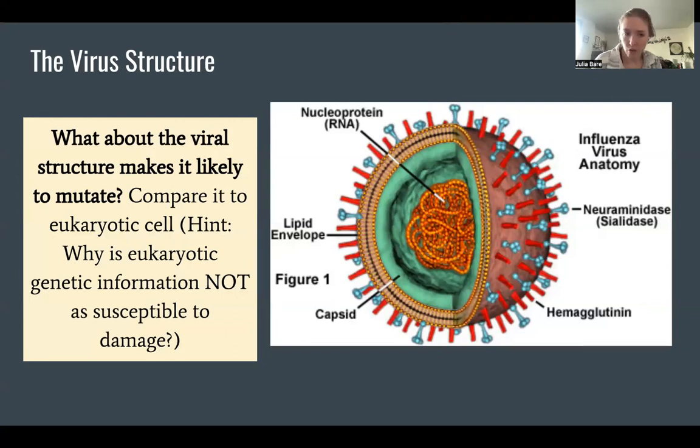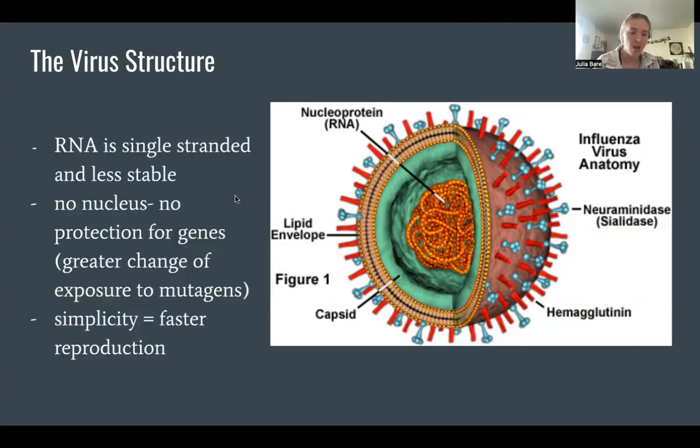How did you answer this question? Well, if you said anything about the nucleus protecting the DNA in eukaryotic organisms, you would be right. One of the reasons that viral RNA mutates so quickly is that it doesn't have any kind of additional protections. It's just protected by the membrane, right?